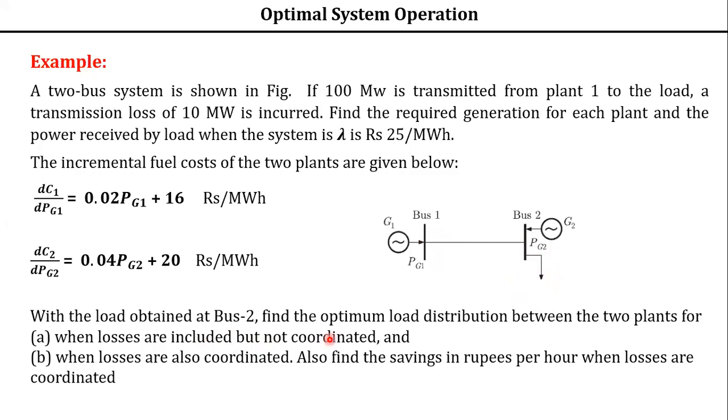Losses are also considered. Also find the savings in rupees per hour when losses are coordinated. So these are the two cases we are going to see.